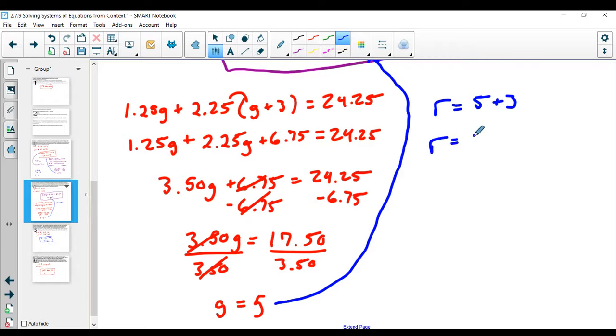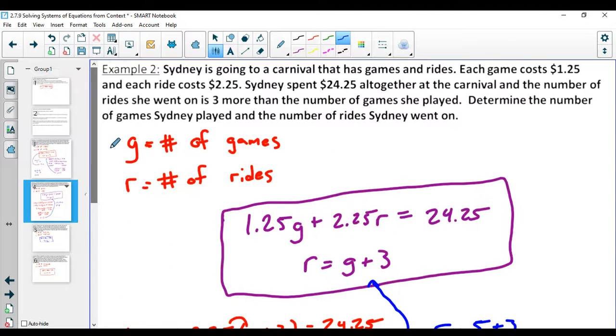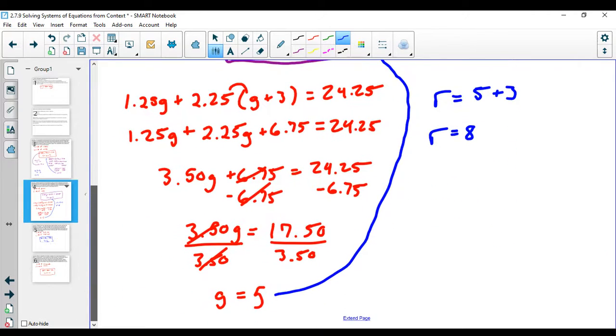So the number of rides she went on was 8. And that makes sense because up here we said the number of rides she went on is 3 more than the number of games. 8 is 3 more than 5, so she played 5 games and went on 8 rides, is what it would be in the context of this problem.